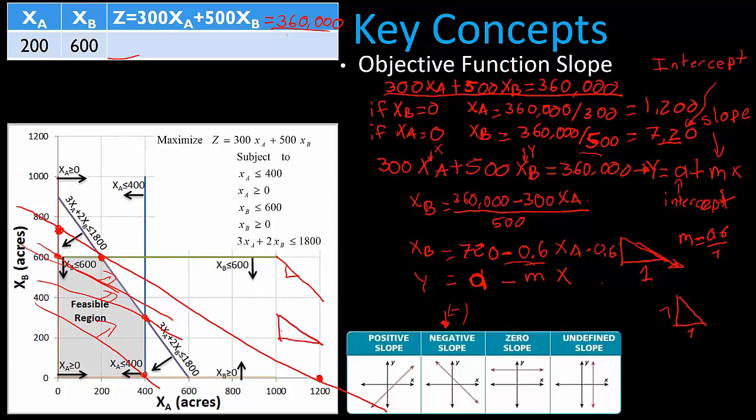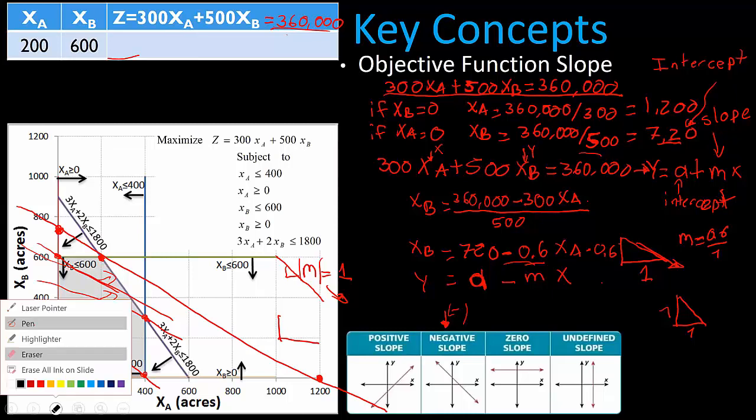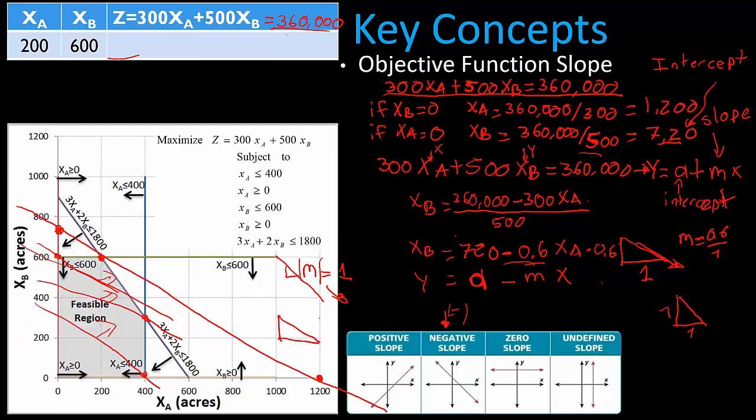What will happen in the opposite case? So this will be when m is equal to 1, or when the absolute value of m is equal to 1, because we know that it was negative, so it's going in this direction. This will be the case when the absolute value of m is less than 1.